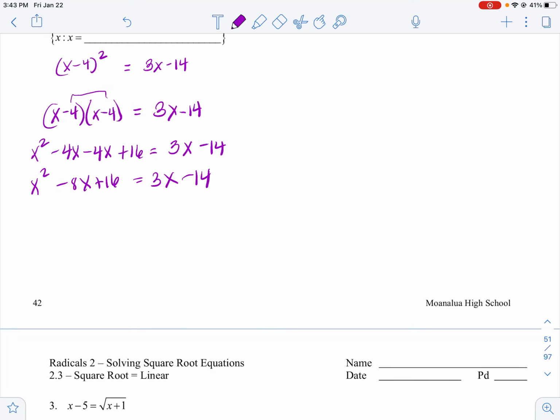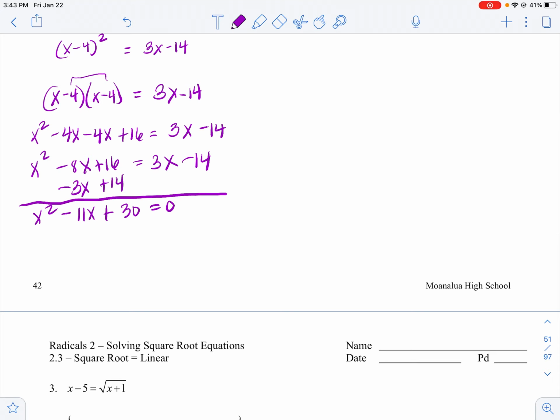So I'm going to subtract 3x in there, and I'm going to add 14. Then we have x squared minus 11x plus 30 equals 0. Does that make sense?